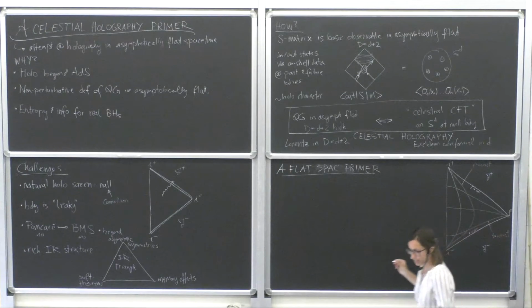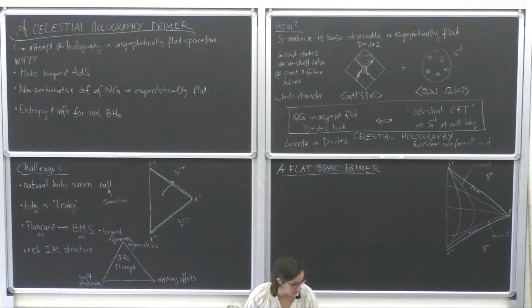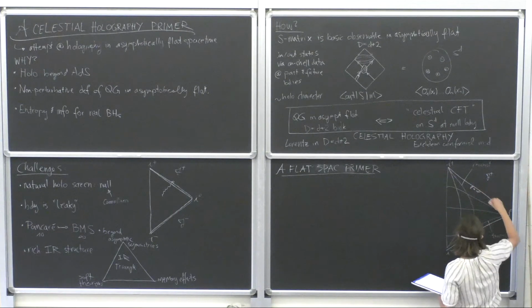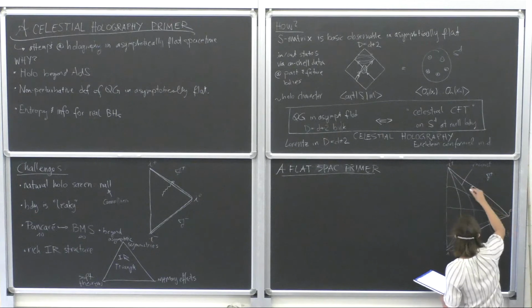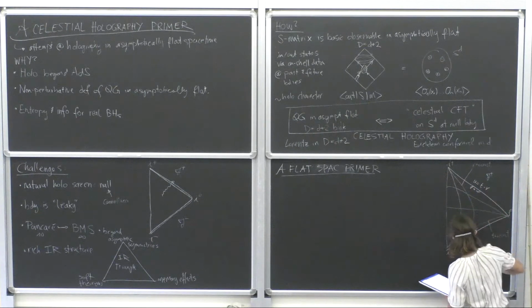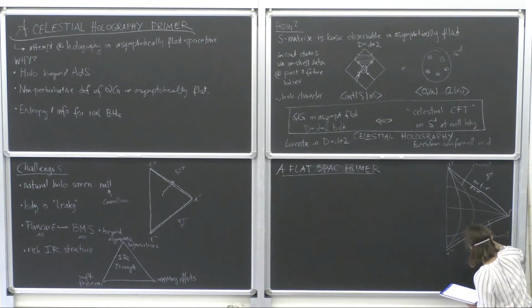And there are different ways to go to the different infinities. First of all, a good coordinate to describe the physics near the boundary is a null coordinate, namely retarded time, u equals t minus r. And down here, at the past boundary, advanced time, v equals t plus r.